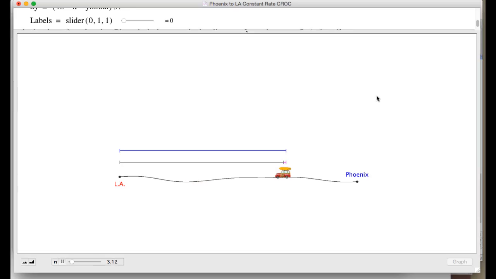So what I want you to do is remember, what did it say? It said, in this problem, did it define y as the distance to LA from Phoenix? Yeah.